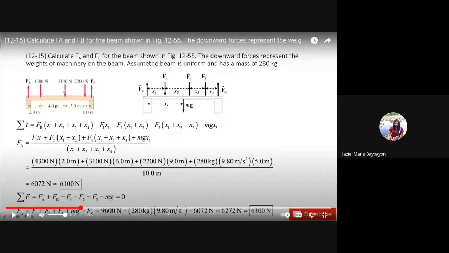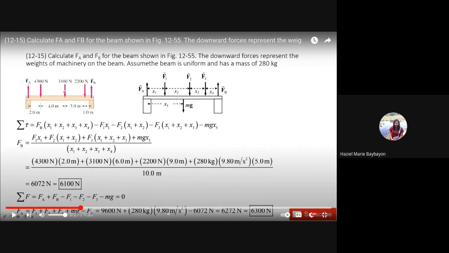Minus this one, 2,000 newtons multiplied by the distance, 2, 4, plus 3, so you have 9. So 2,000 newtons multiplied by 9 meters.